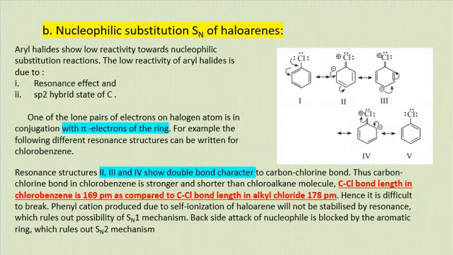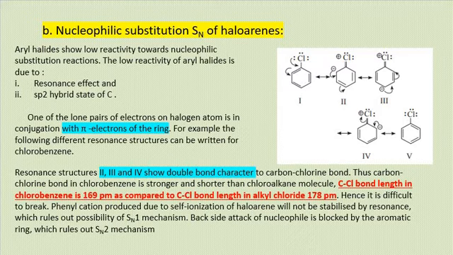Now, nucleophilic substitution of haloarenes. Aryl halides show low reactivity towards nucleophilic substitution reaction. The low reactivity of aryl halides is due to the resonance effect and the sp2 hybrid state of the carbon atom present in the benzene ring.